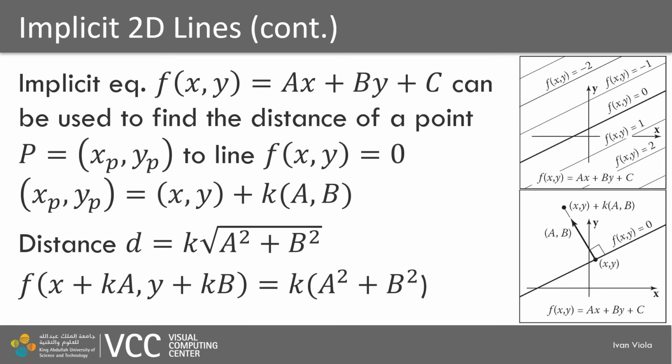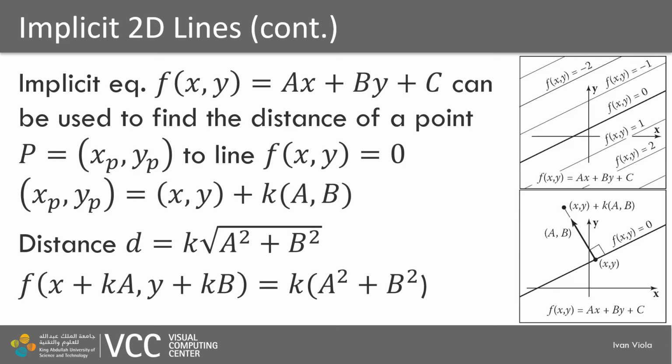The beauty of the implicit form is that we do not only define the line, but also an entire plane, if you like, with the distances from this line. So, for example, we can define a point P at a particular distance to the line by defining a point on the line which is a projection of the point P onto the line, plus the vector which is perpendicular to the line vector.